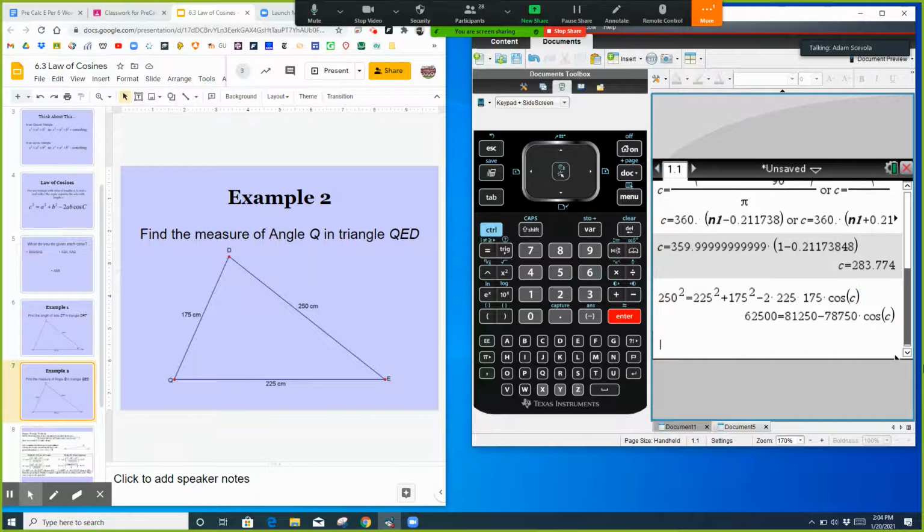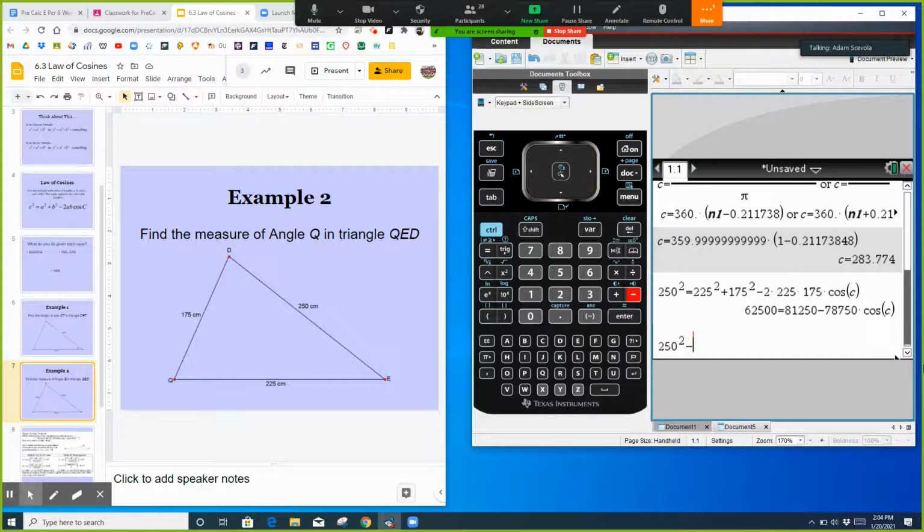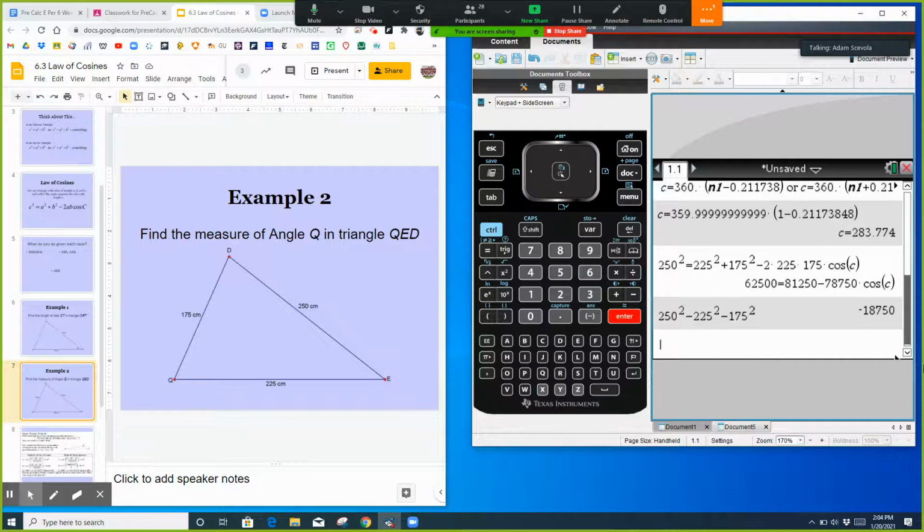So to solve this equation, I'm going to take 250 squared, subtract 225 squared on both sides, subtract 175 squared on both sides, and we get that number, which would equal negative 2 times 225 times 175 times the cosine of C.